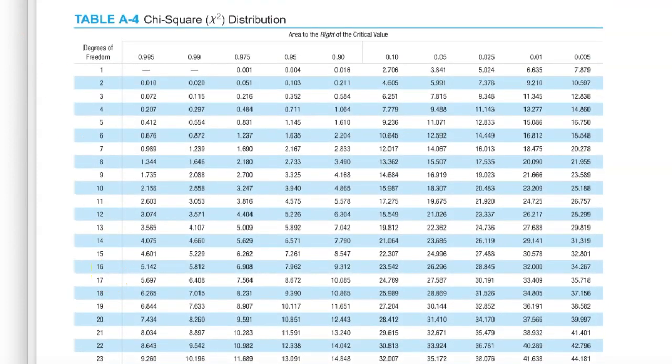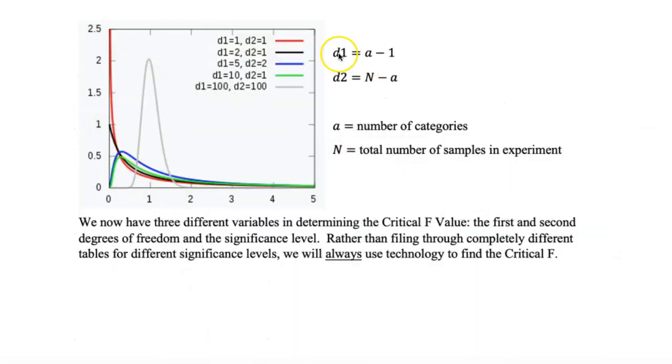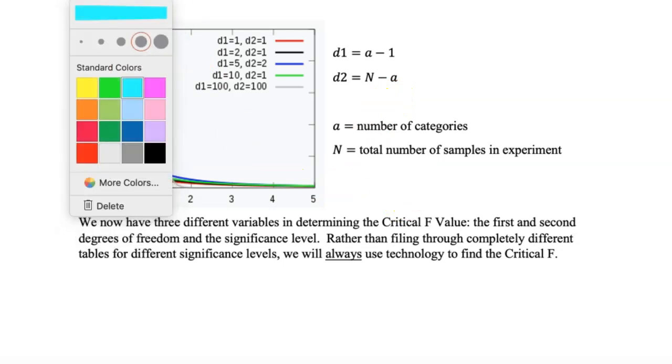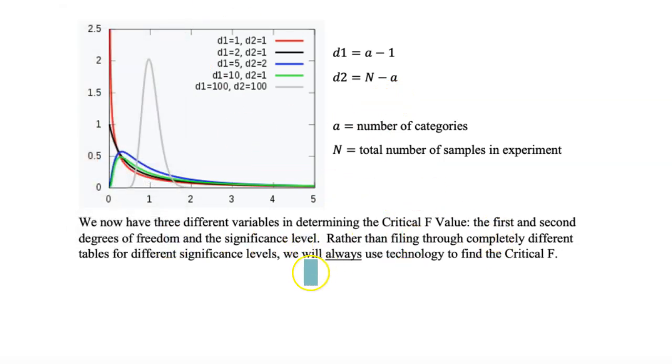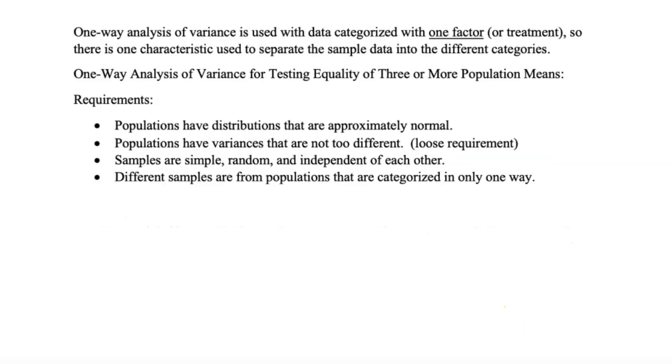The problem now is that if we're depending on 2 different degrees of freedom, where the first degree of freedom is the number of categories and the second is the difference between the number of samples in the experiment and the number of categories, we're going to need a whole lot of tables, and so we're just going to find this critical F value by using technology. So we're always going to use technology to find the critical F value.